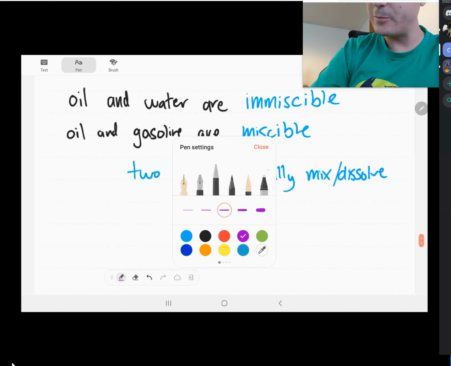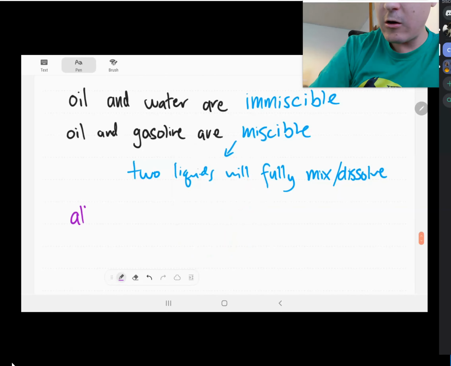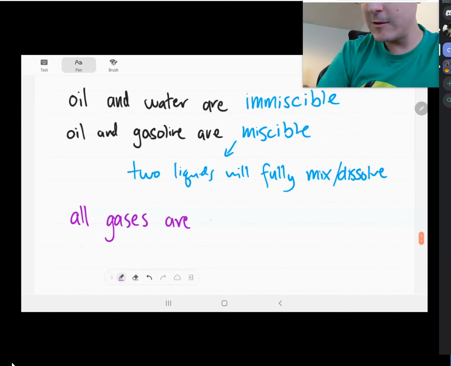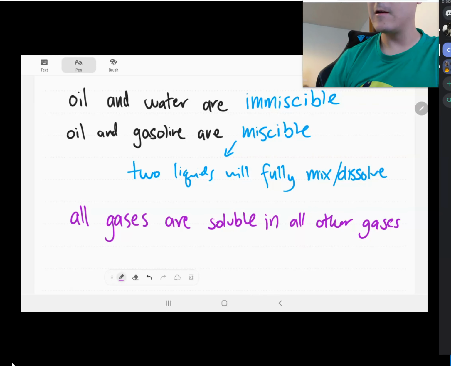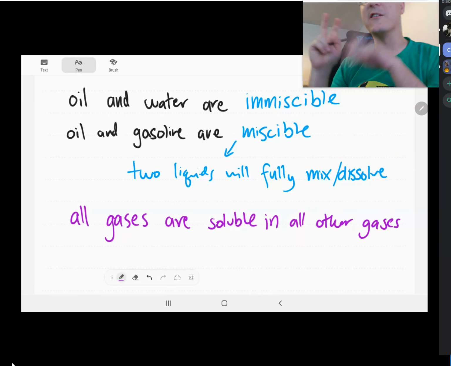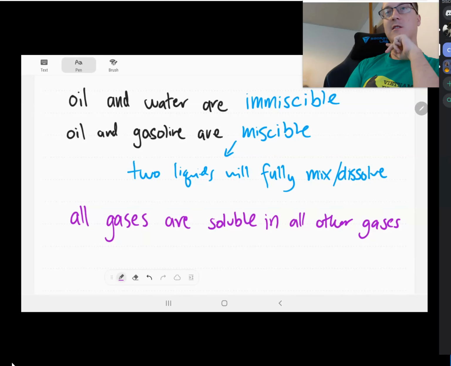One other thing to note: all gases are soluble in all other gases. We can also call that miscible. So all gases will dissolve in all gases.